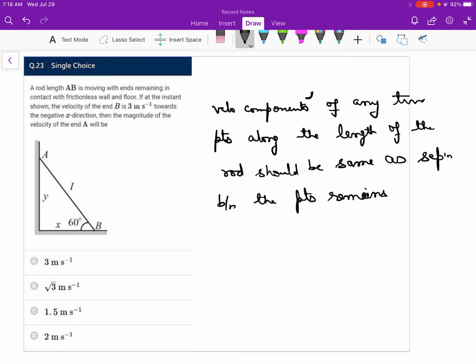So this is the rigid body constraint, that separation between the 2 points is constant, and therefore velocity components of the 2 points along the length of the rod should remain the same.